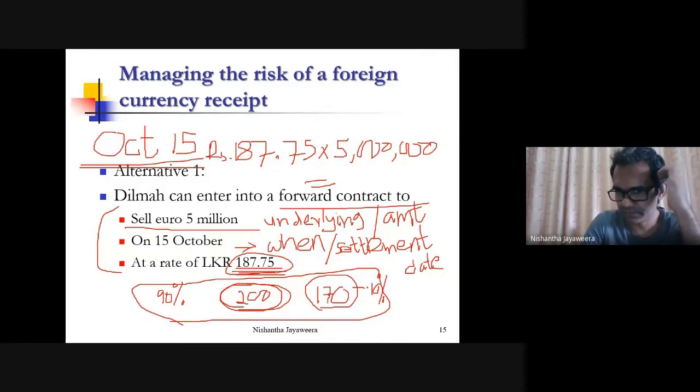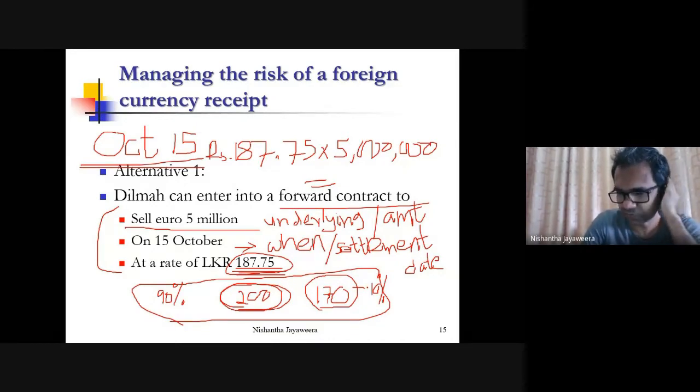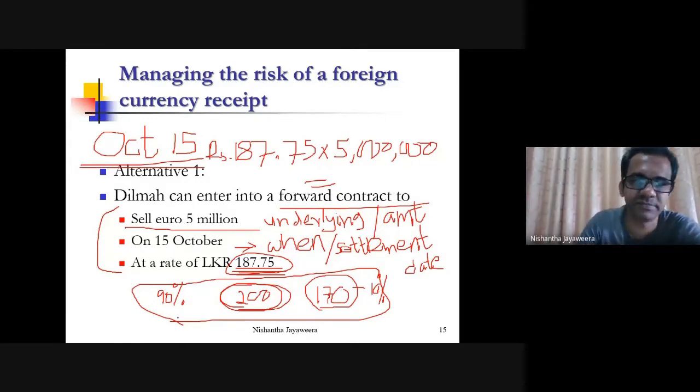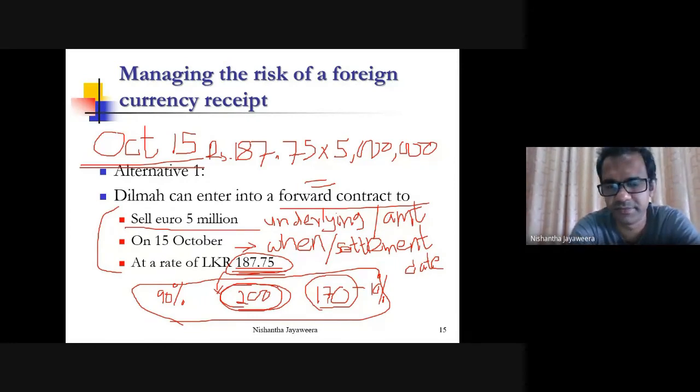Then you can make a call. Do we have to hedge or not? If there's a 90% chance, it would be better to keep it unhedged. But there's a risk, so you have to take a calculated risk there. But once you decide it, and this happens, you can't blame. Is it clear?